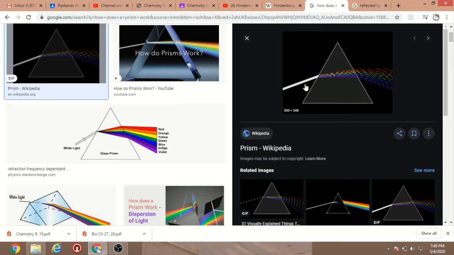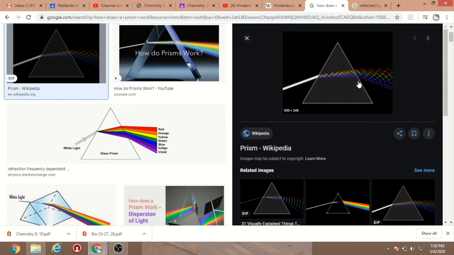White light's coming in, and when it hits the prism, the red wavelength is a lot longer, and so it travels nice and easy. It travels very fast, so it doesn't get bent very much. It just quickly passes through the prism. But the blue light and the purple, the high energy light that has the really short wavelengths, are traveling a little slower because they're doing all that bouncing up and down.